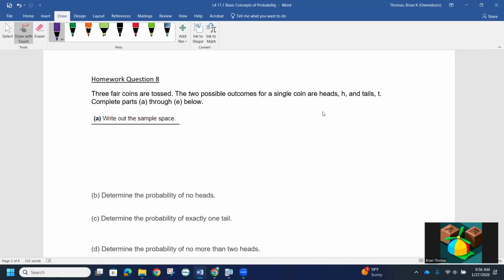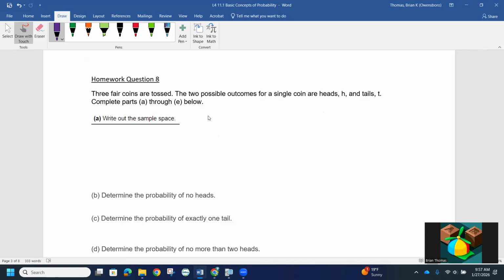Notice that there are two possible outcomes, heads or tails, but we're flipping the coin three times. So the experiment itself is flipping the coin three times. But then we have a process to go through here.